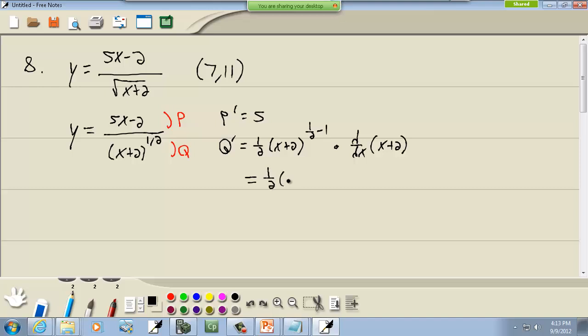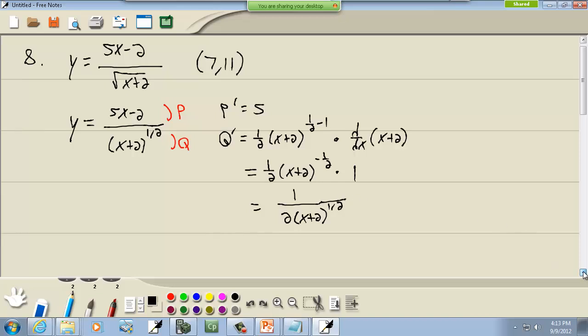So that gives us 1/2 x plus 2 to the negative 1/2. Derivative of x plus 2 is 1. So I'm going to take the x plus 2 to the negative 1/2 downstairs to the denominator. Becomes x plus 2 to the positive 1/2. Okay, so now we're ready for our quotient rule. So p prime q minus p q prime over q squared.